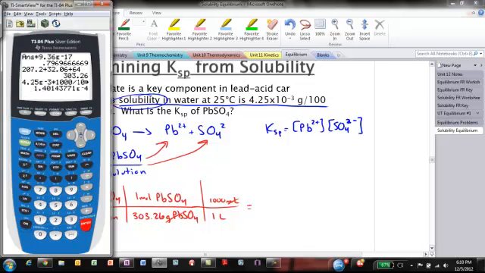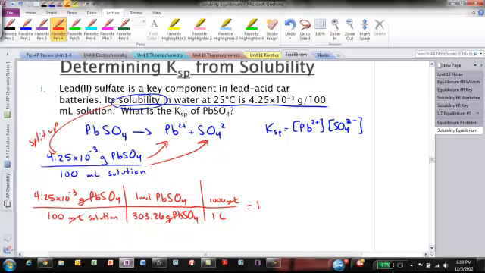And we get 1.40 times 10 to the negative fourth. That's how much will dissolve, will become Pb and SO4. That is what you get to put in these brackets. That's what lead is going to be, and that's what sulfate is going to be.